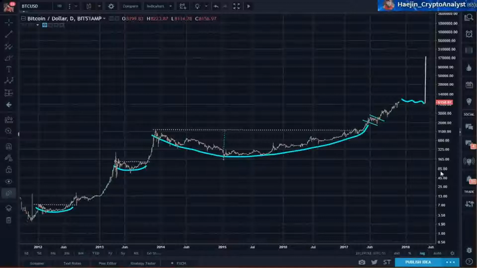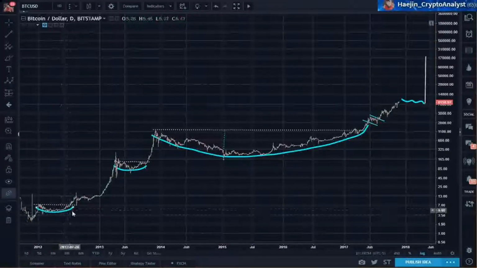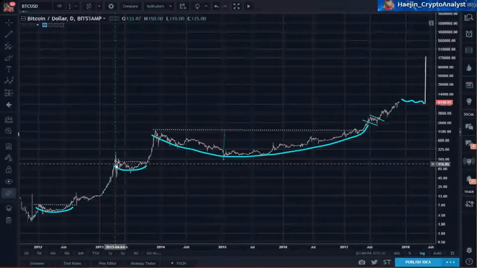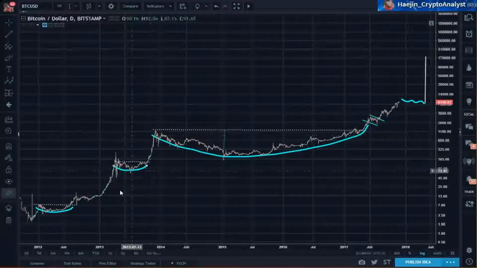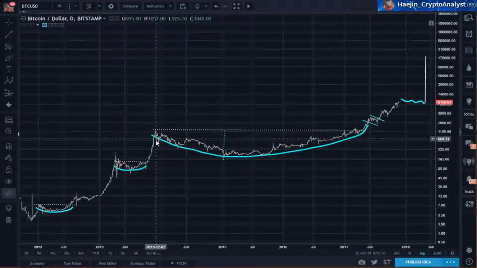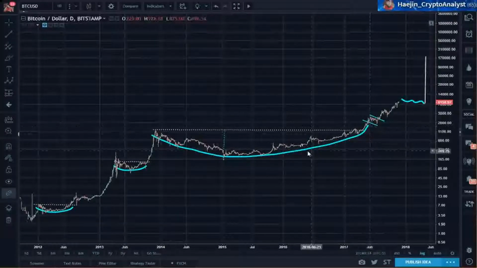So once again, fractal. This fractal had a vertical move. This fractal had a vertical move. The size of these rounding bottom launch pads were minuscule, 1/8 of this huge freaking one.